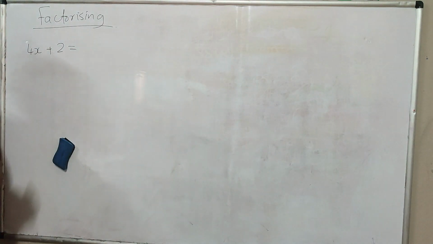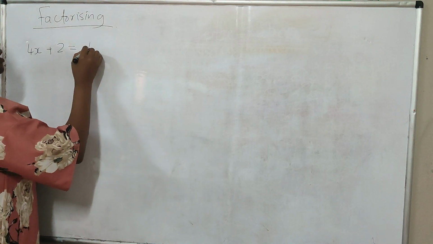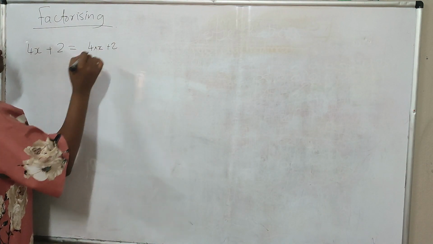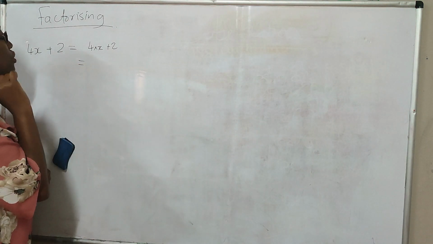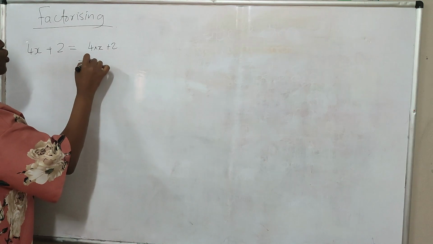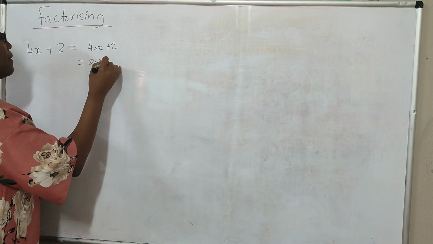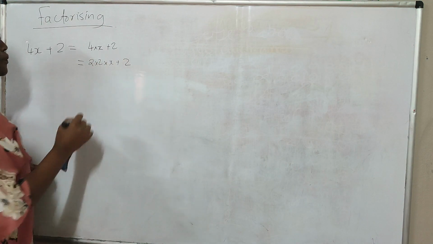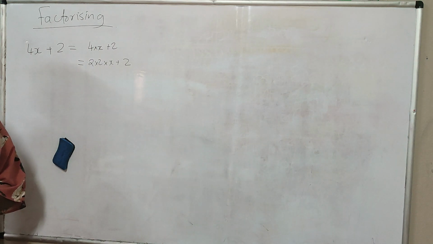I would say 4 multiplied by x plus 2, which is equal to 2 times 2, multiplied by x, plus 2. That's how I think, I don't know.